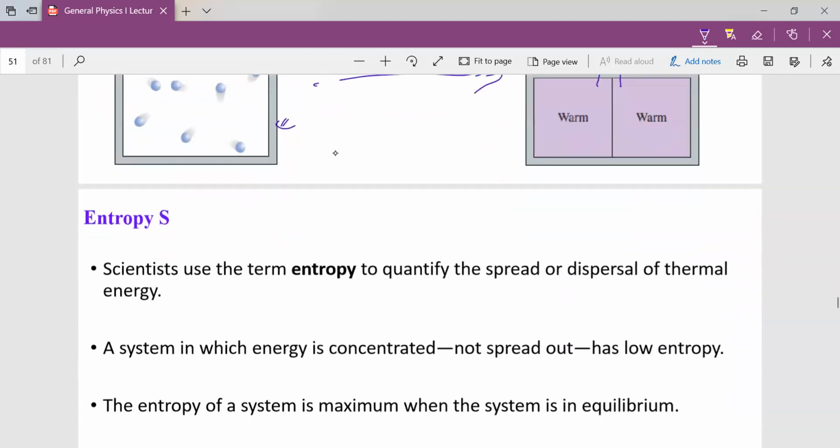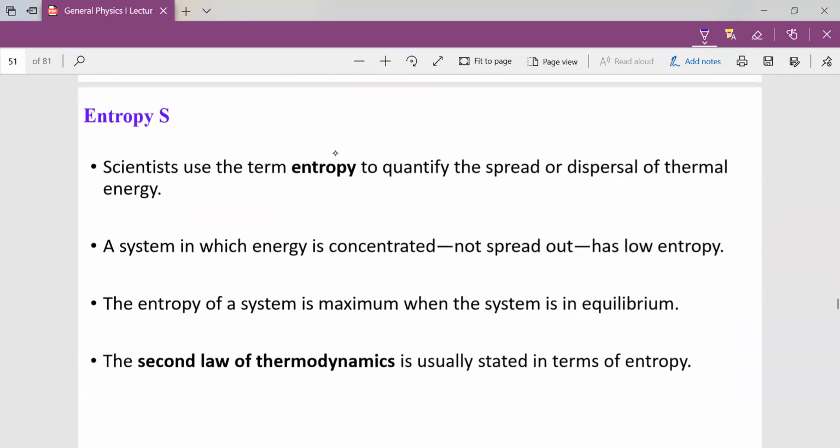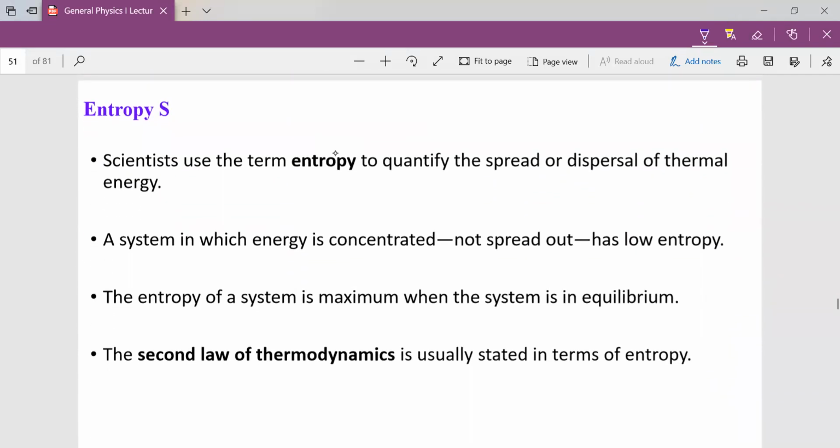Okay, so now we want to quickly specify what entropy is. We use the word entropy to quantify the spread or dispersal of thermal energy. Basically, when we say entropy, I know that we used to say it is the degree of disorderliness in the system.